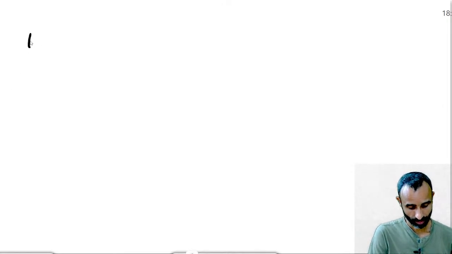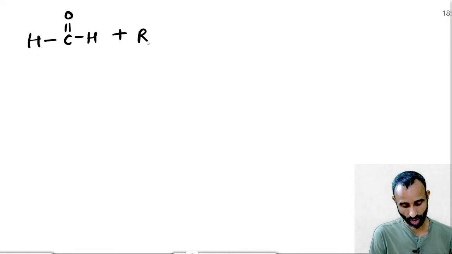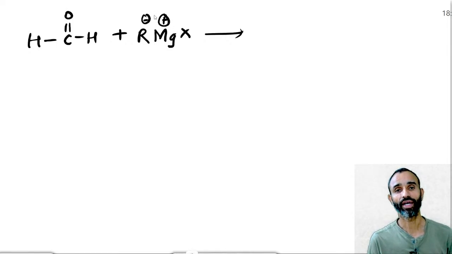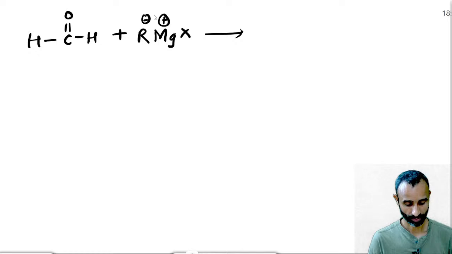The CO group will give addition. So if we have Grignard reagent, R negative, MgX positive, R negative goes to carbon and MgX goes to oxygen.